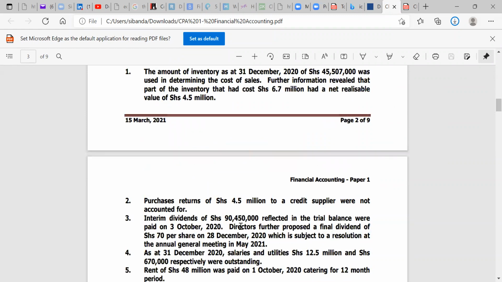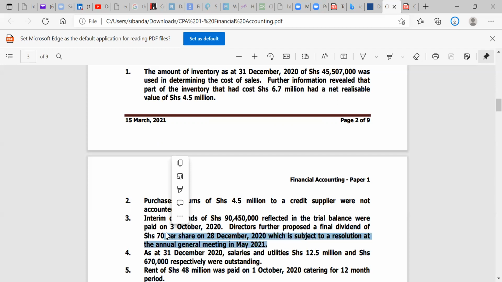But then they're also telling us that directors further proposed a final dividend of 70 per share on 20th December 2020, which is subject to resolution at the annual general meeting in May 2021. Now, this is a proposed dividend, okay?